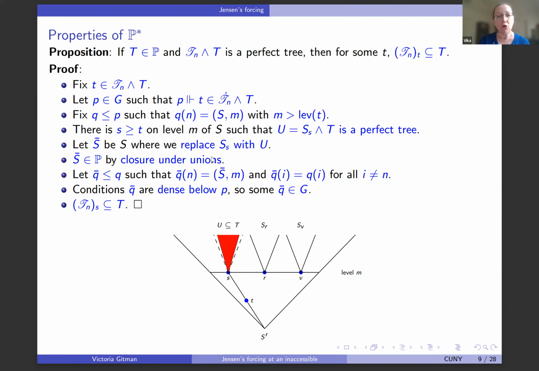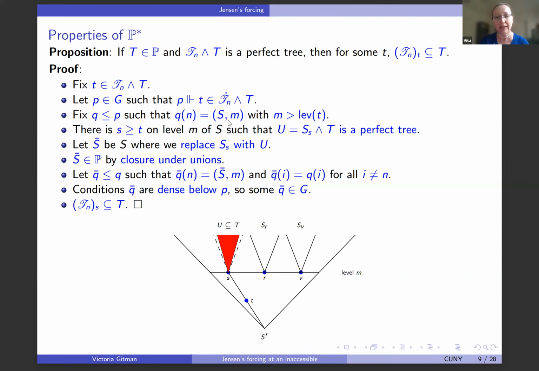Okay, we also know that since P forces that this is the case, then Q also forces that the meet is a perfect tree. Now this perfect tree on the nth coordinate has to be contained in S, if Q is in the generic. So if this tree has a perfect meet with T, then of course S must as well.